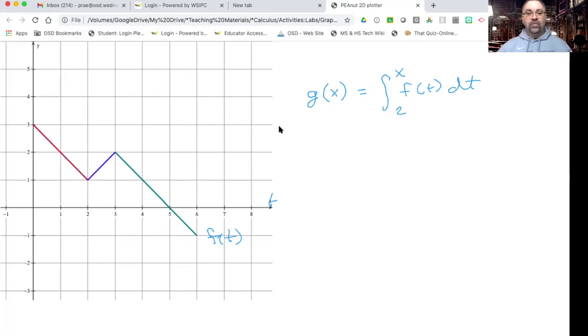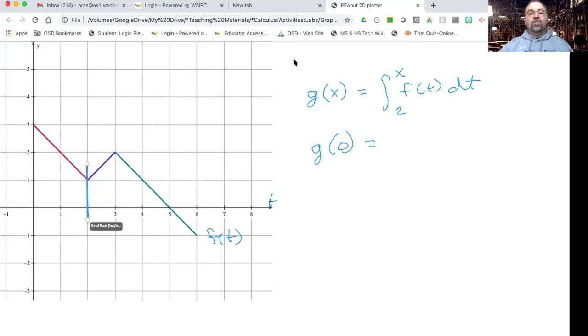For example, could you come up with g of 0? Well, let's look at the area model for a second. Let me draw in here. Here's 2. Yeah, I didn't get that perfectly vertical, but you get the idea.